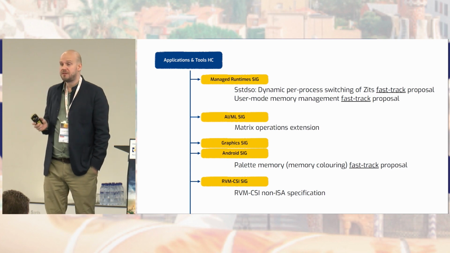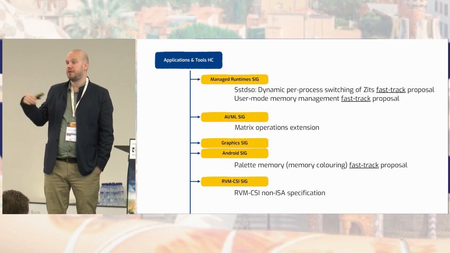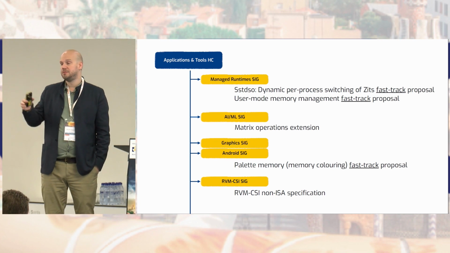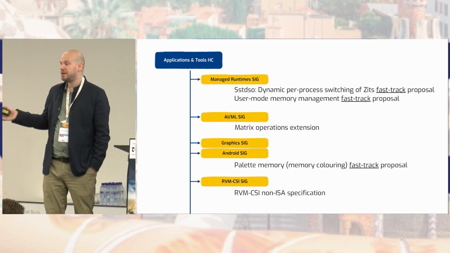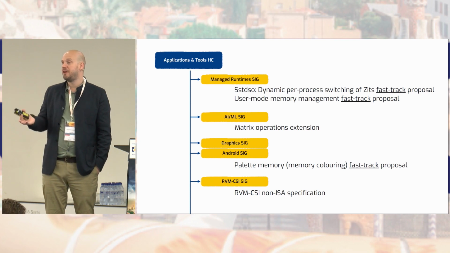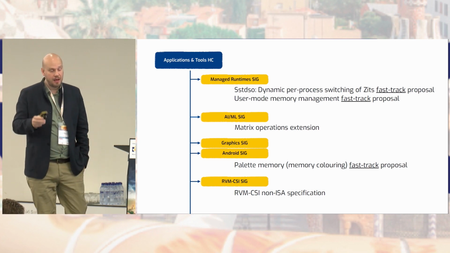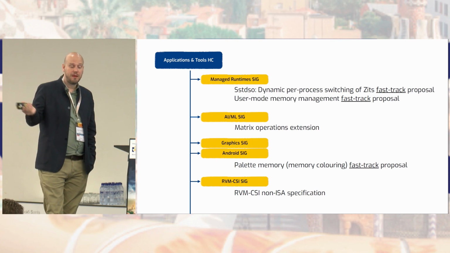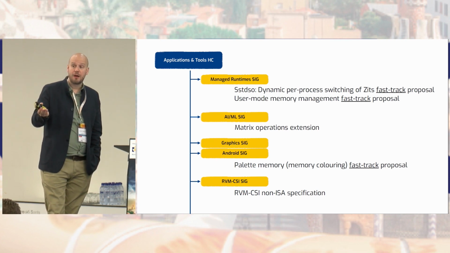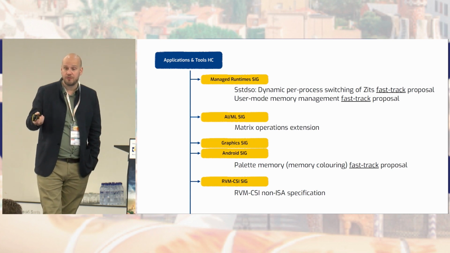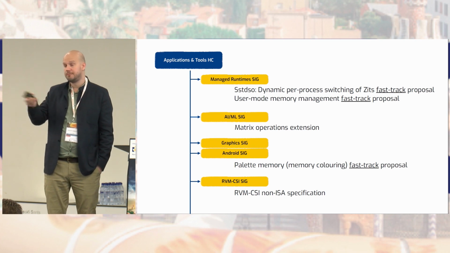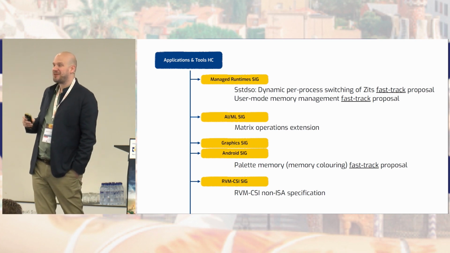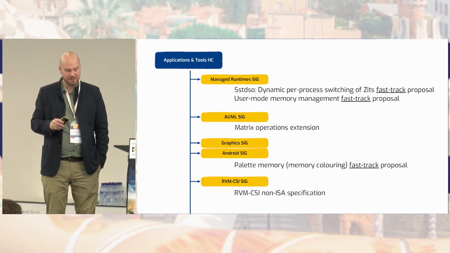That one is requested by a number of people that want to do emulation, that want to switch to a TSO mode eventually, but not have the penalty for every process in the system. And the second one is a user mode memory management fast track that's going to benefit garbage collection in our Java runtime. So certain garbage collection algorithms benefit from additional instructions and additional state.